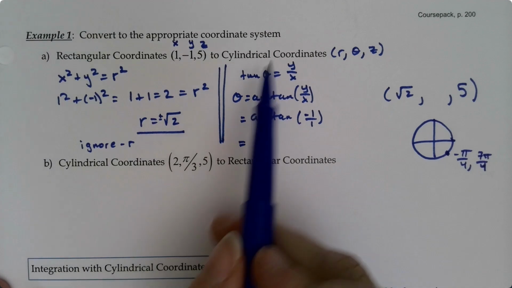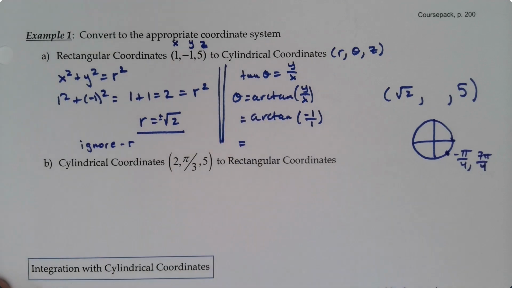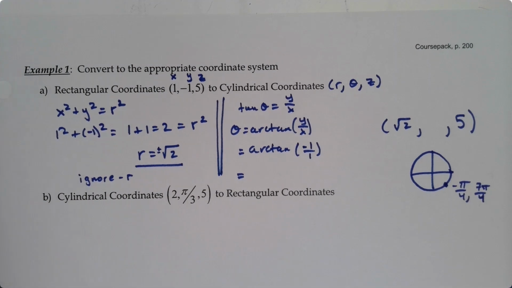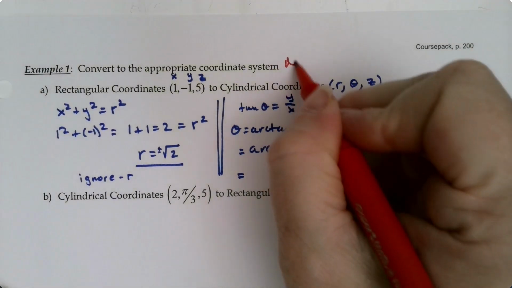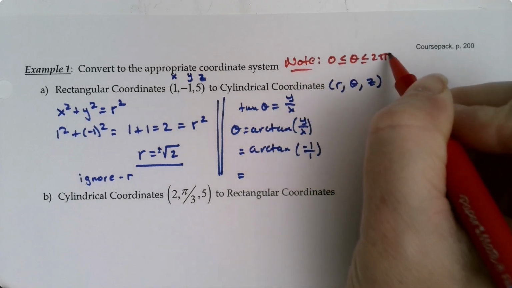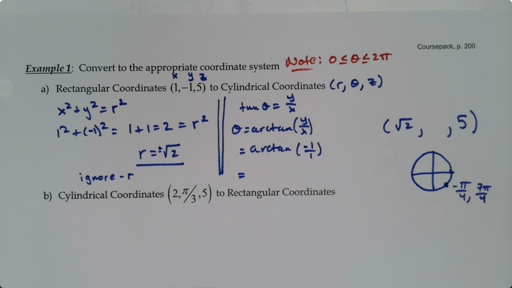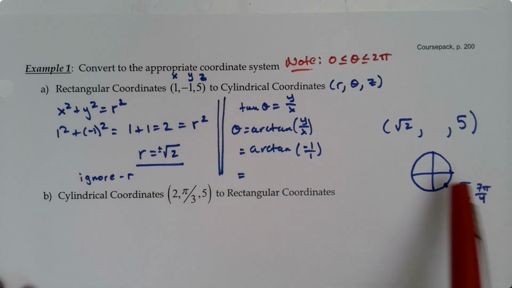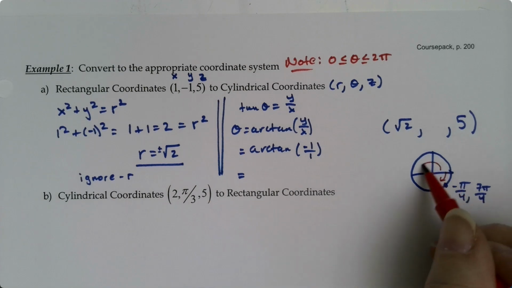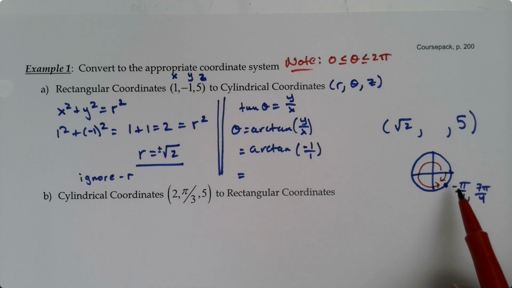I don't know if they gave us some limits for our thetas. They didn't. So let's just put it in here. We'll just make a note: 0 is less than or equal to theta, which is less than or equal to 2 pi. Just like with polar coordinates, there's infinitely many angles that'll make this happen, because you can go backwards, negative pi over 4. You can go around positive 7 pi over 4, or you can keep going around and around and adding on 2 pi's.